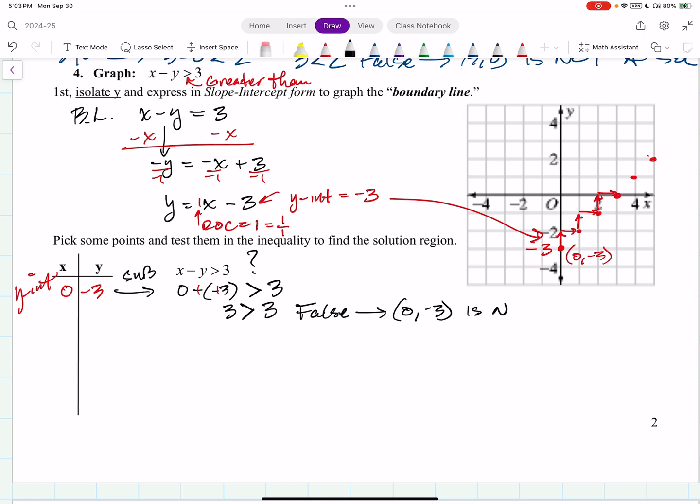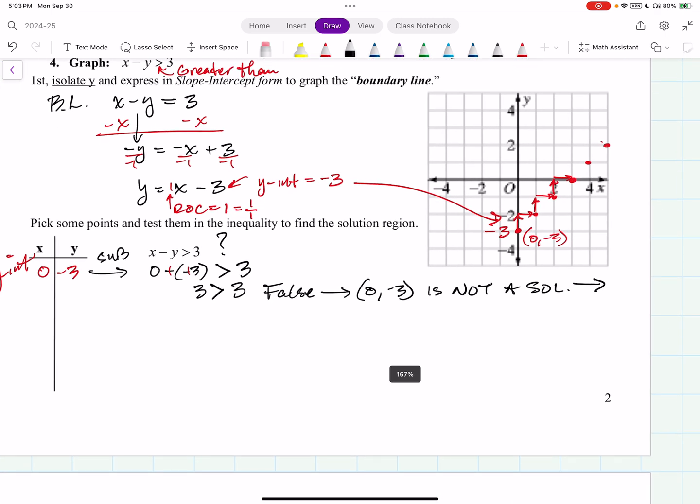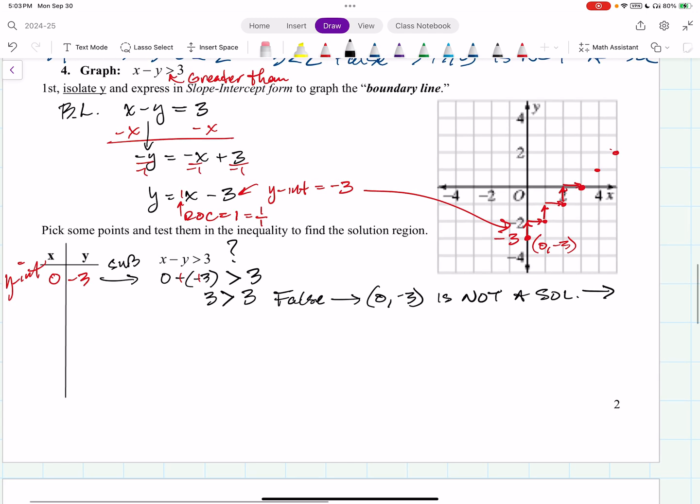All right, is not a solution. And the way you're going to interpret that is that when a point that you pick on the boundary line is not a solution, you make it dotted. Dotted boundary line. Every single time, okay? So make it dotted. This represents that the solutions are not on the boundary line.